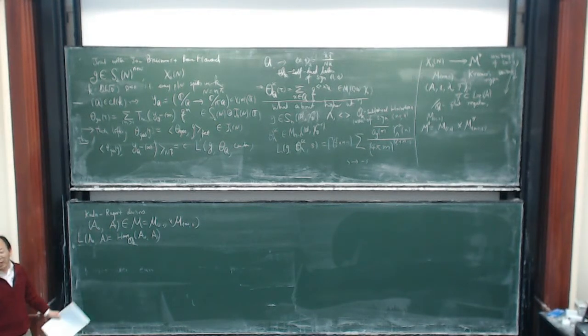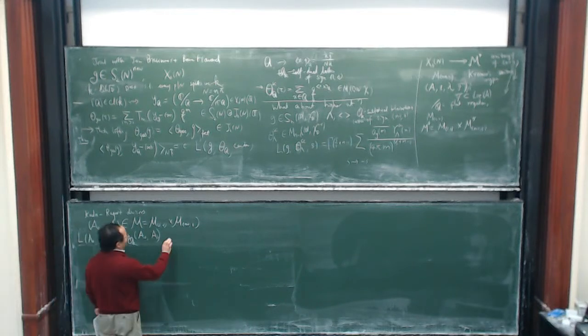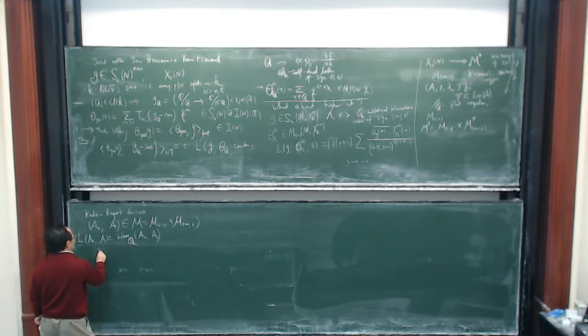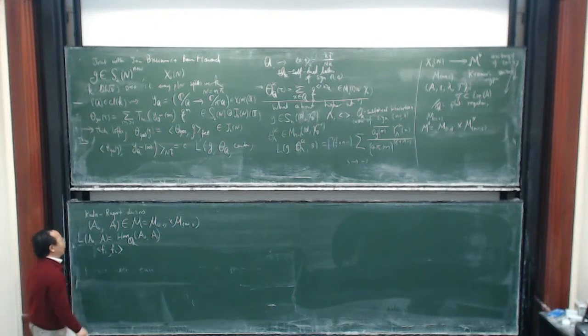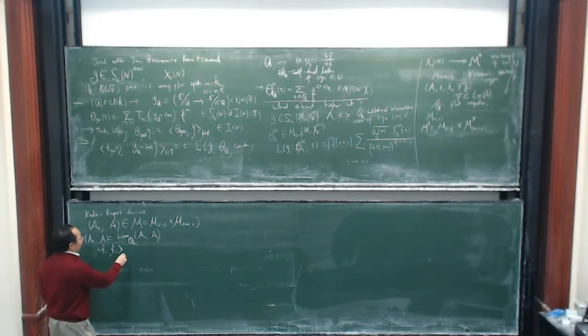So this certainly is an O_K module. And I want to define some kind of Hermitian form, somehow related to that. So the Hermitian form will take f1, f2, and I want to do it like this.